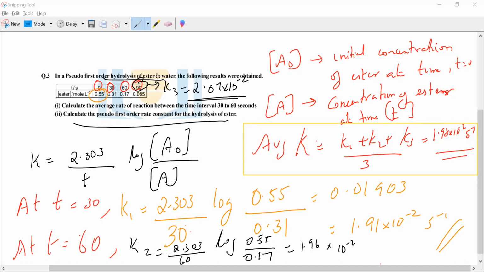So I'm just putting a box around k1, k2 and k3. This is my k2. I think k1 everyone has got. Everything is 10 power minus 2. Yeah, so please take a screenshot of this.